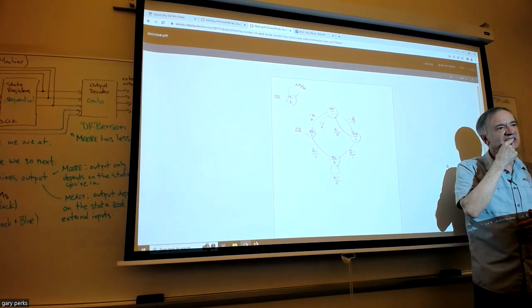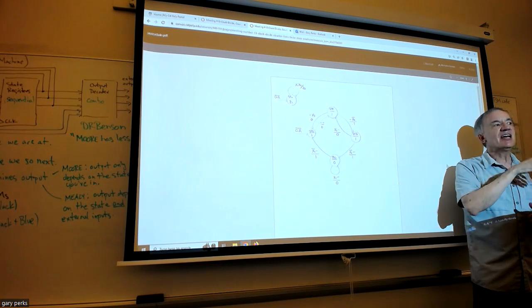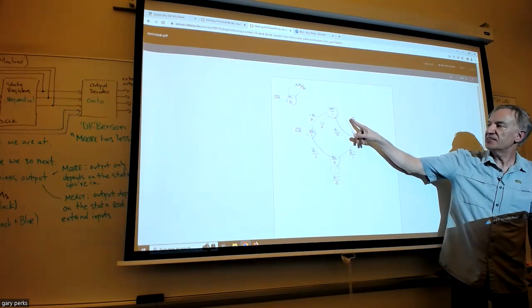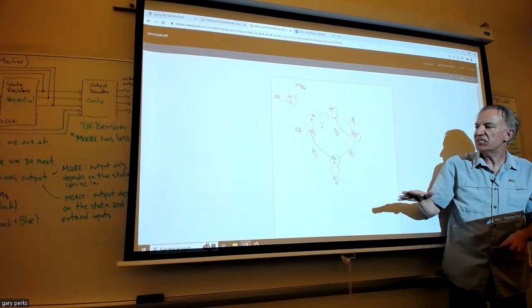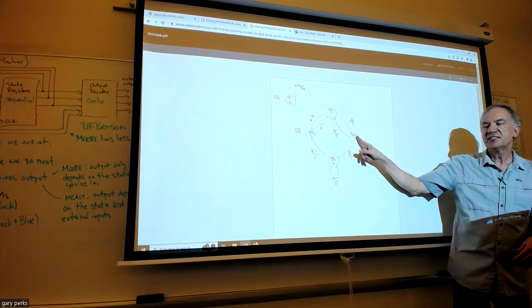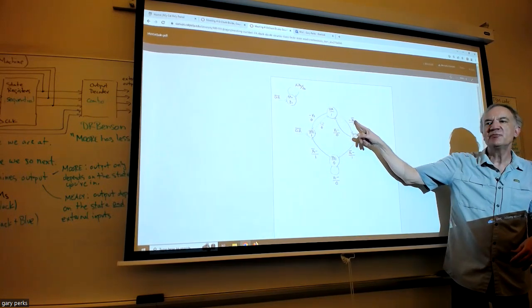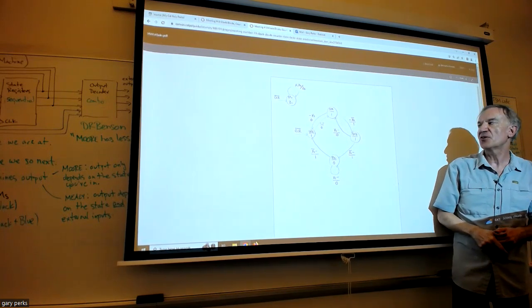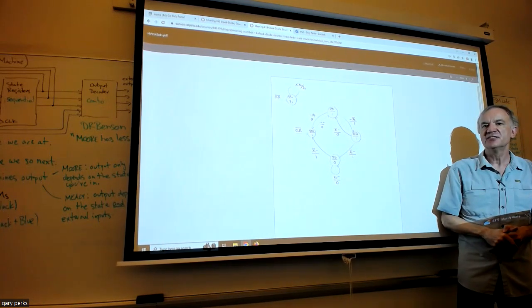What does a dash mean? Yeah, doesn't matter, right? It's a don't care. Same thing here. The dash in a state diagram just means that that input doesn't matter. The transition from this state to this state will only happen when X2 is zero, okay, not X2.